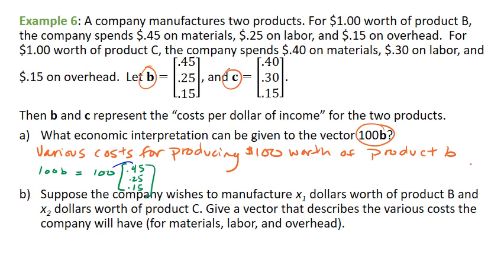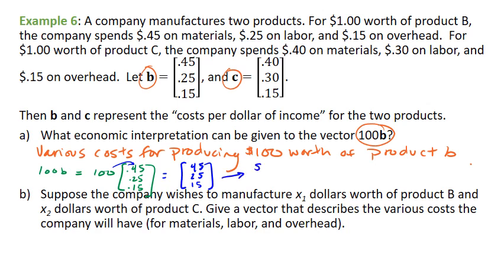And if I distribute that 100 to everything here, I end up getting a new matrix, which is this. Sorry for my poor handwriting. And this represents different things.